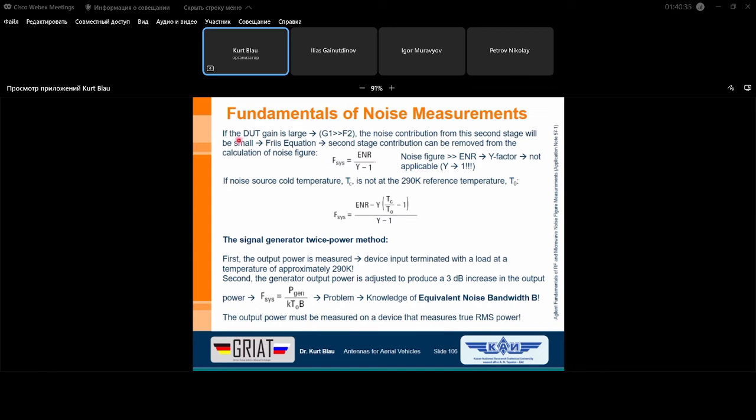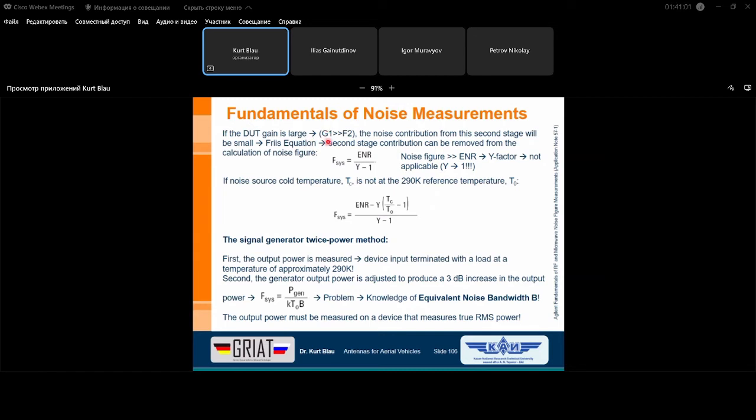If the device under test gain is very large, means if this gain is much larger than the noise figure of the device after our first device, then the noise contribution of the second stage will be small. This is what we have already discussed in one of the slides before.